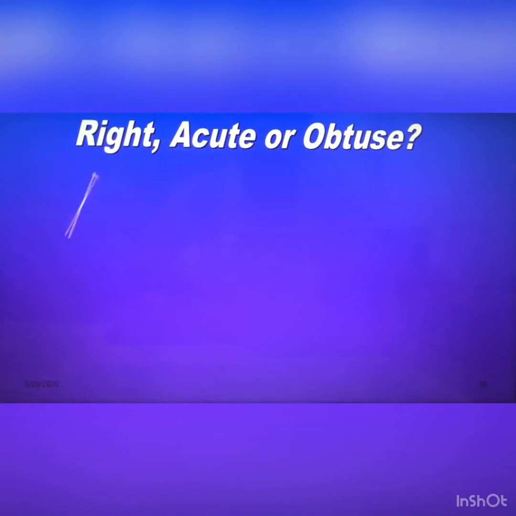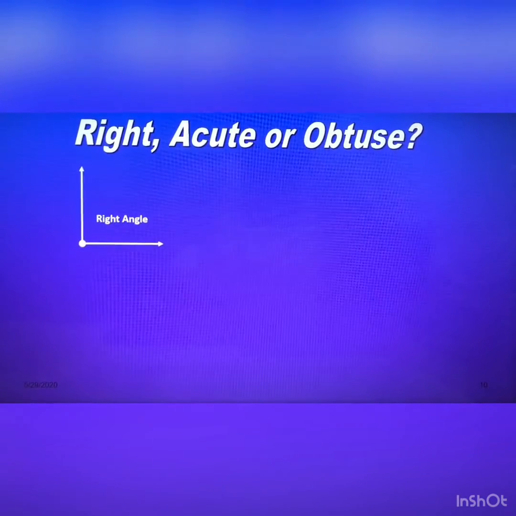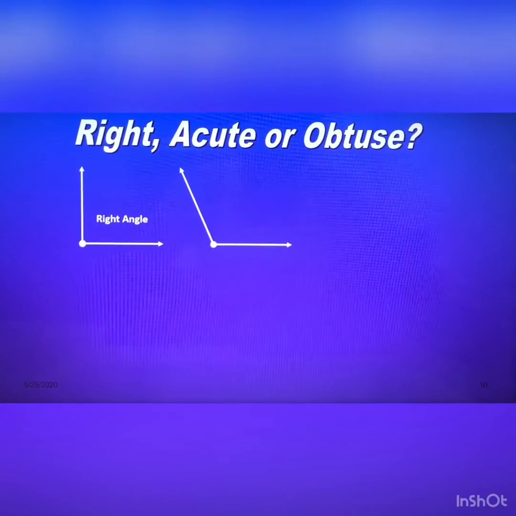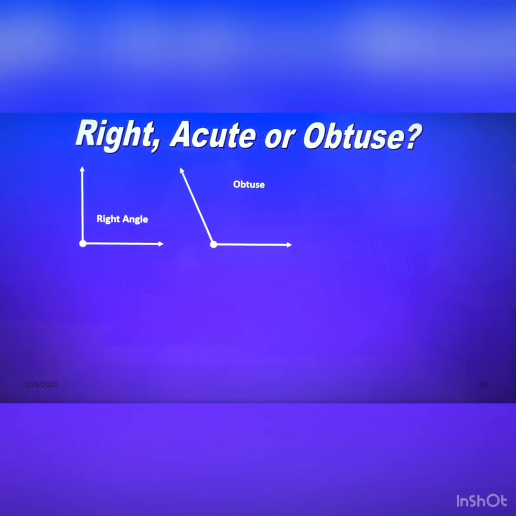Right angles, acute or obtuse. About this first geometrical figure, this is a right angle, and the second geometrical figure is an obtuse angle. Clear? Because this is greater than a right angle, that is 90 degrees.